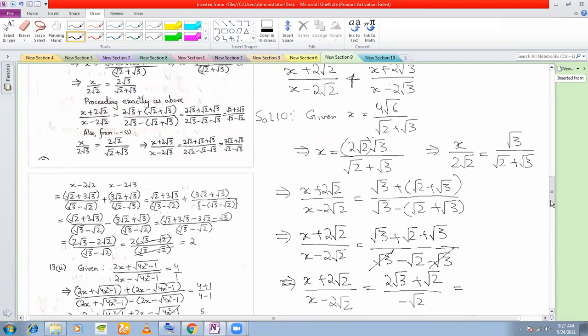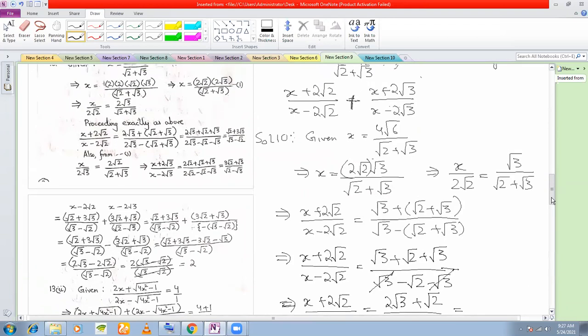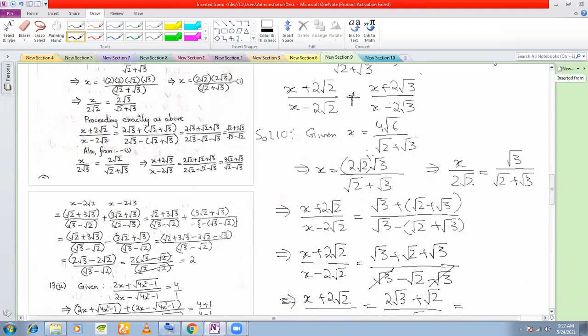This is 2 root 3. Okay, this should be 2 root 3. That's why it's not matching. This should be, because 4 root 6 can be written as 2 root 2 into 2 root 3. Sorry, 2 root 3.